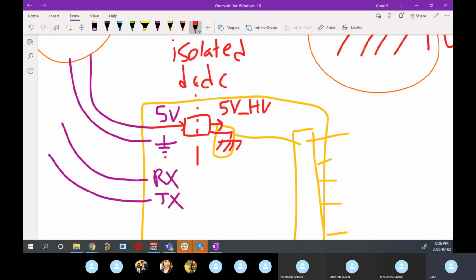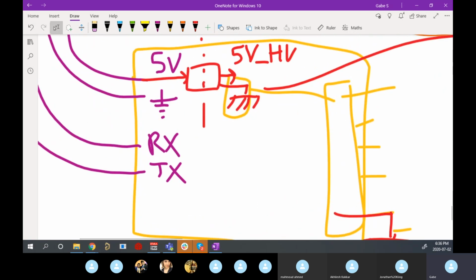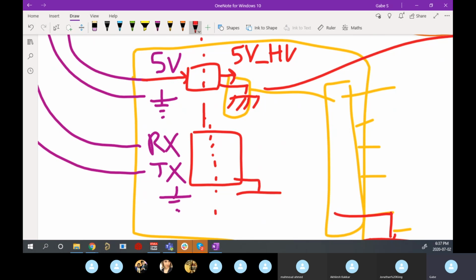And that's connected to the ground of the battery, which would be here. And then he did something similar with RX and TX. It was isolated. One side has low voltage ground, the other side has high voltage ground.